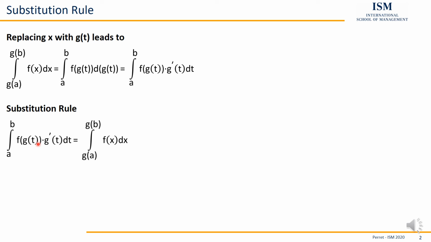So what you could do instead is you decide, okay, this is the function g of t. Then you basically replace this part g of t with an x, and you simply divide everything else by the first derivative of this function g.